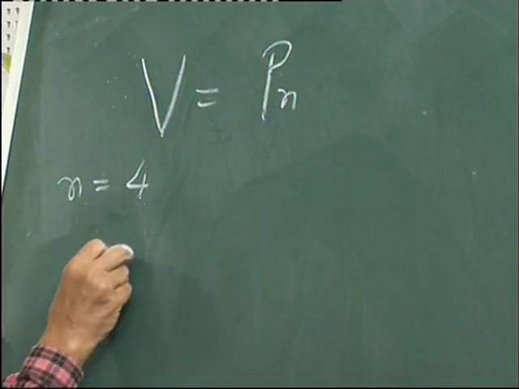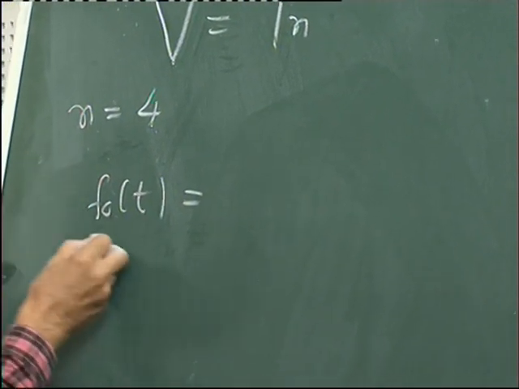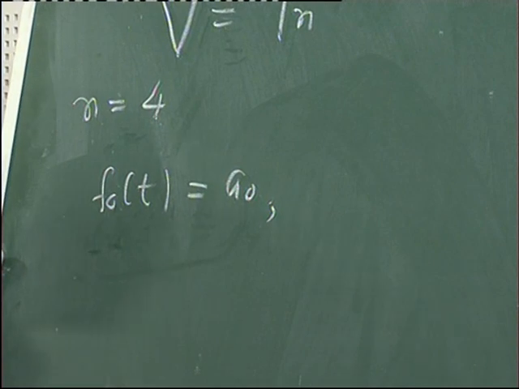So, what is our f0(t)? Degree of f0(t) is zero, a constant. So, it is a0.